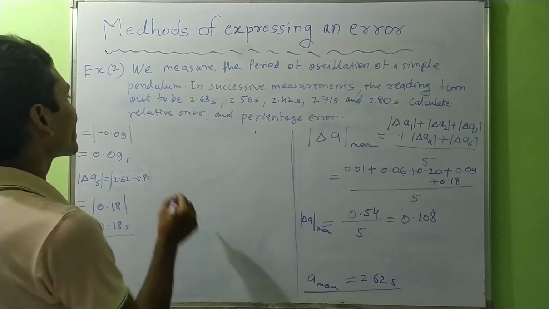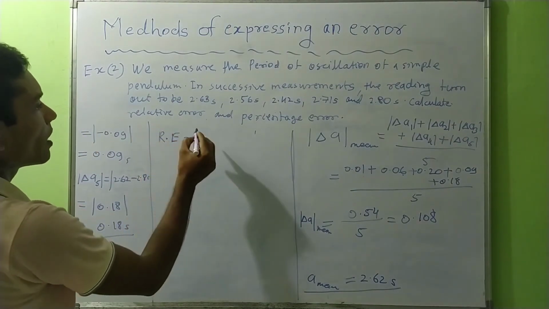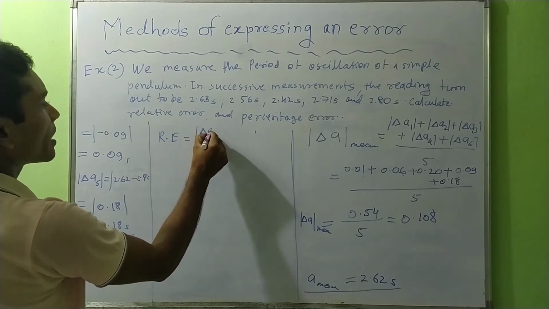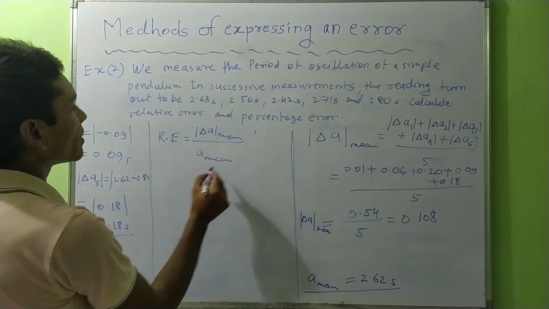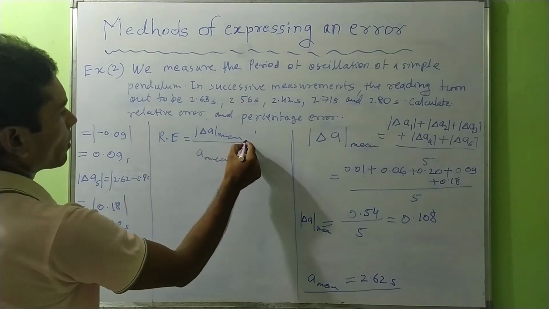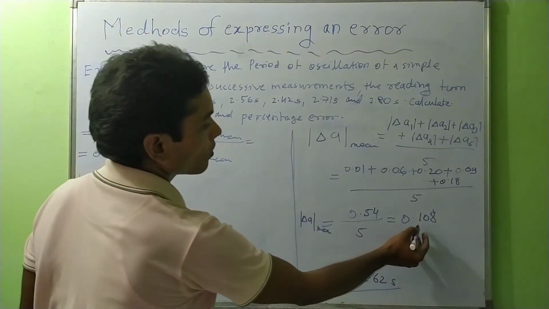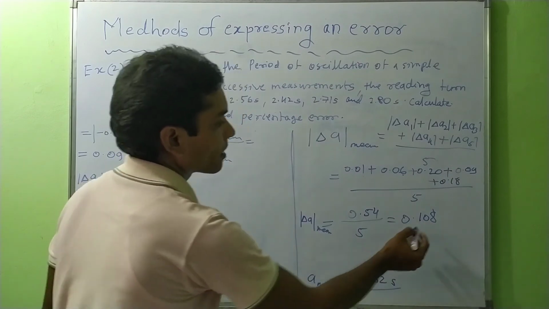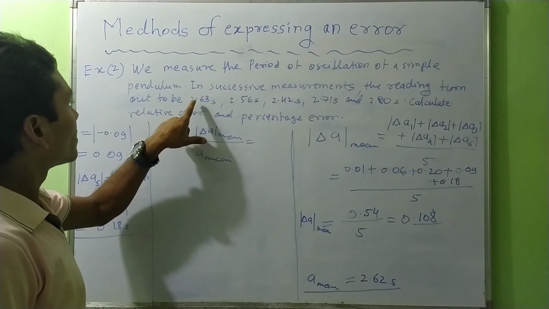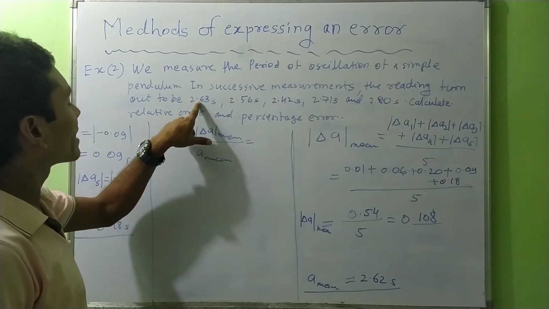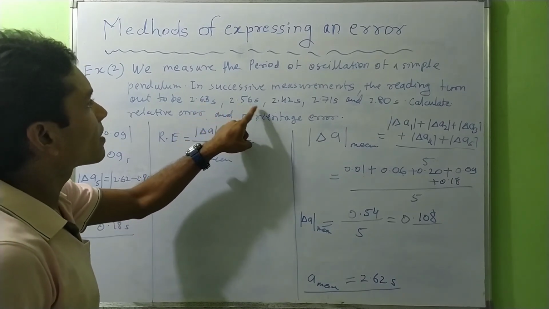Okay, now we will calculate relative error. So relative error is equal to the ratio of mean absolute error upon A mean or true value. So what is the value of mean absolute error? That is equal to 0.108. Here we can see in this example that after the decimal there are two digits for each value. That's why this mean will also have two digits after the decimal.